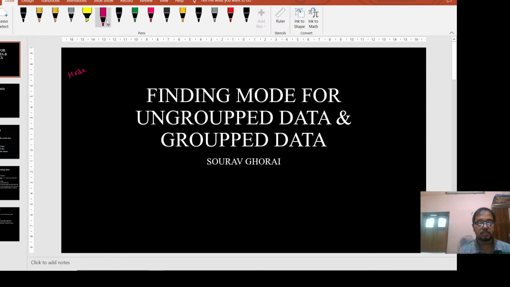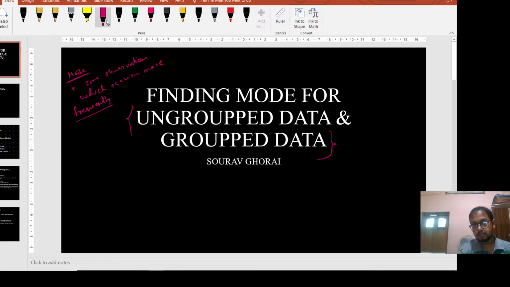In a statistical data set, if we consider some observations, the one which occurs most frequently is known as the mode of the statistical data. That applies to both ungrouped data and grouped data.